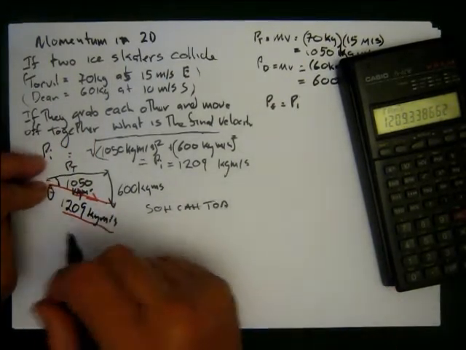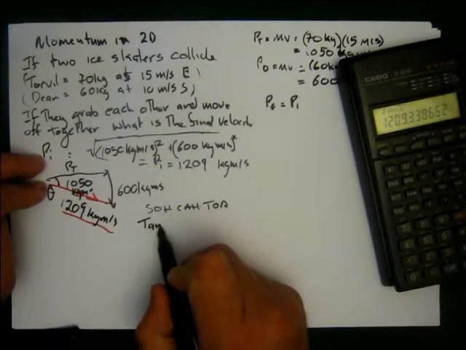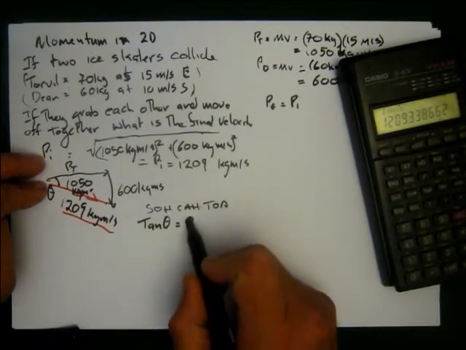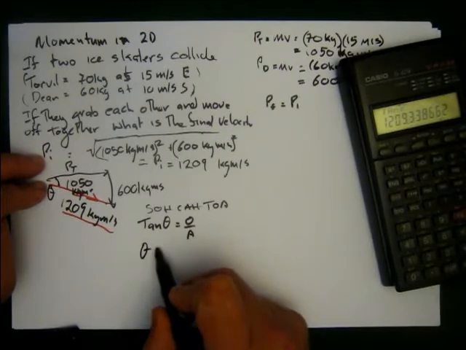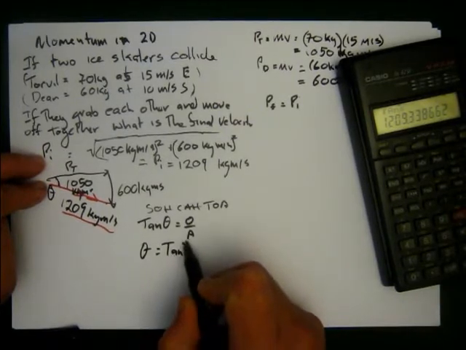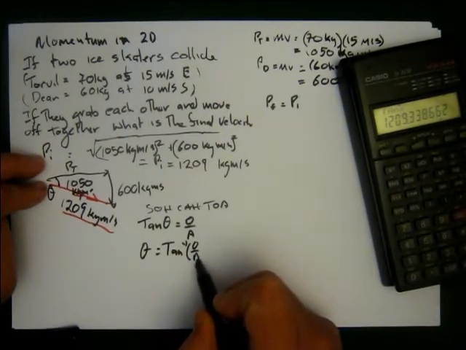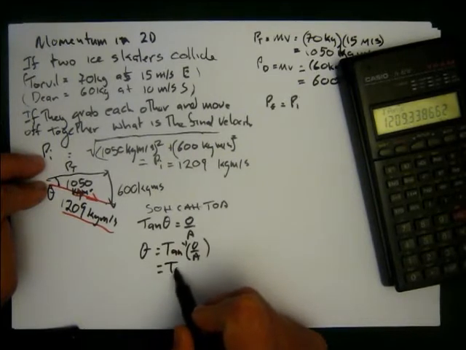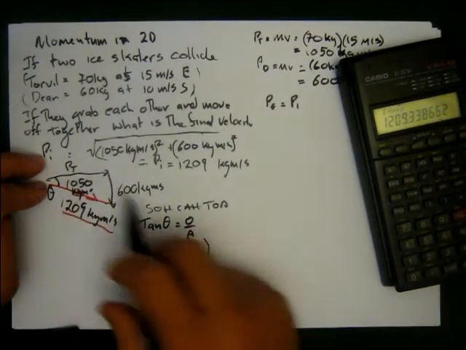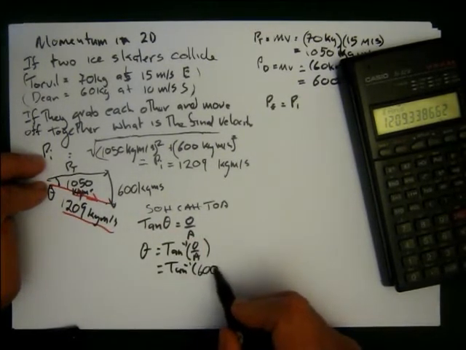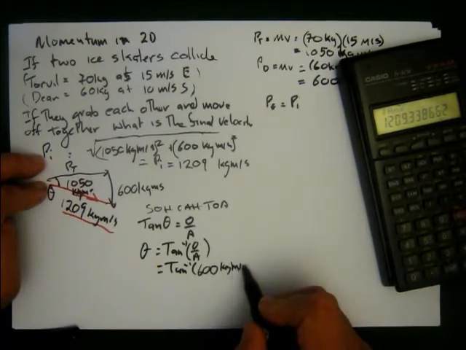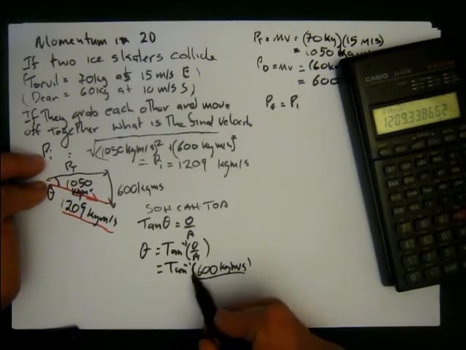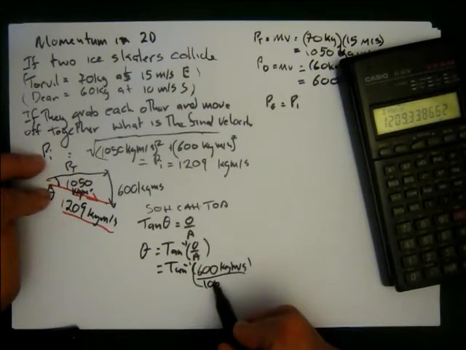So that's going to be tan theta equals opposite over adjacent, theta equals tan inverse of opposite over adjacent equals tan inverse of 600 divided by 1050.